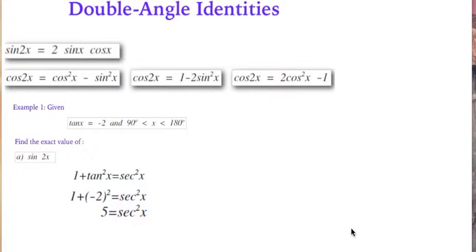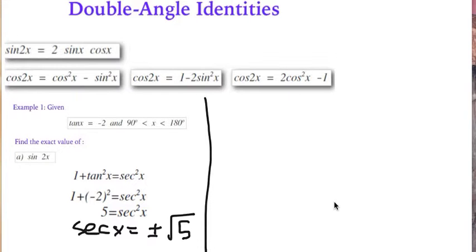So what is the value of secant? Secant x equals plus minus square root of 5. Now, what is the value of cosine?